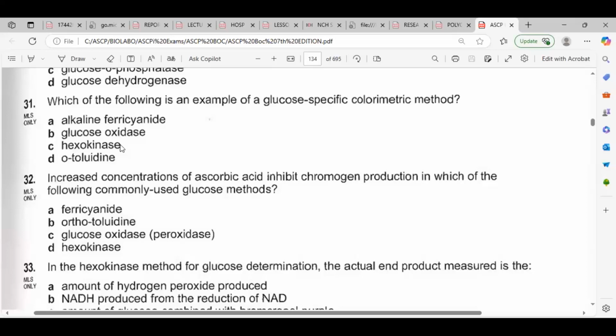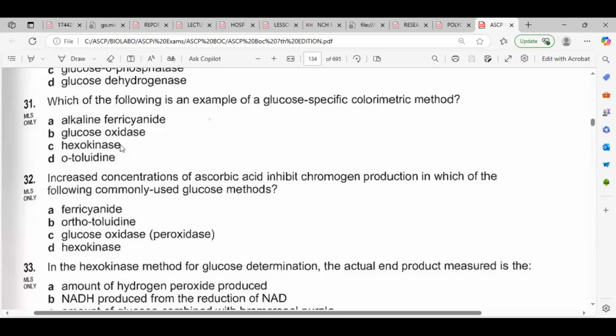Yes, it is, but also remember that NADPH is a colored compound. NADPH is what the spectrophotometer measures as absorbance.